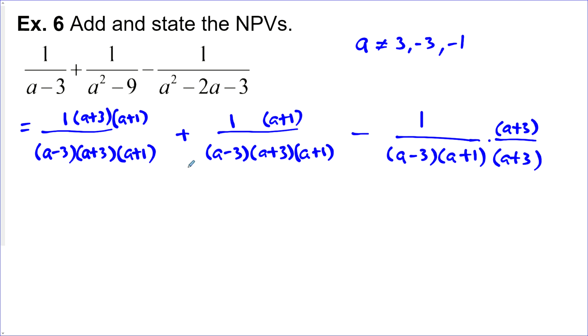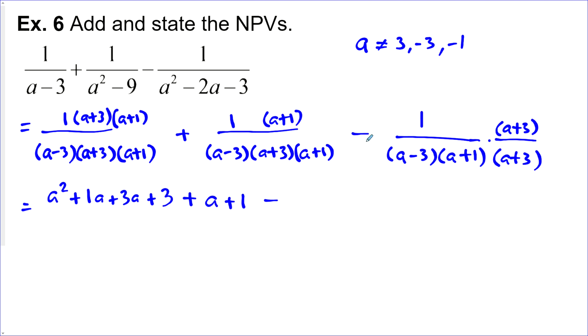So now we can rewrite this as one fraction. We can also multiply it together. So this is a squared plus 1a plus 3a plus 3 plus a plus 1 minus.